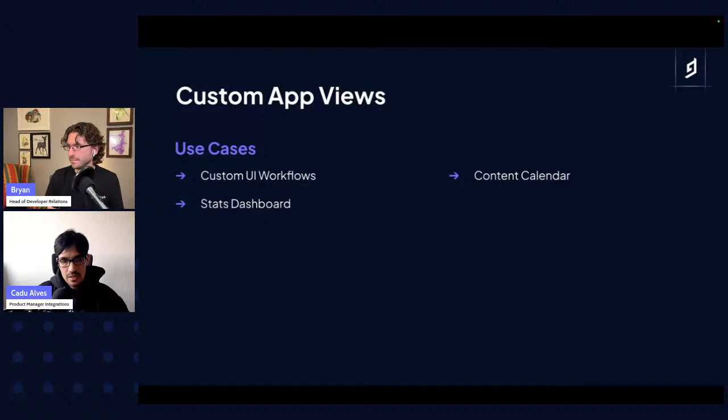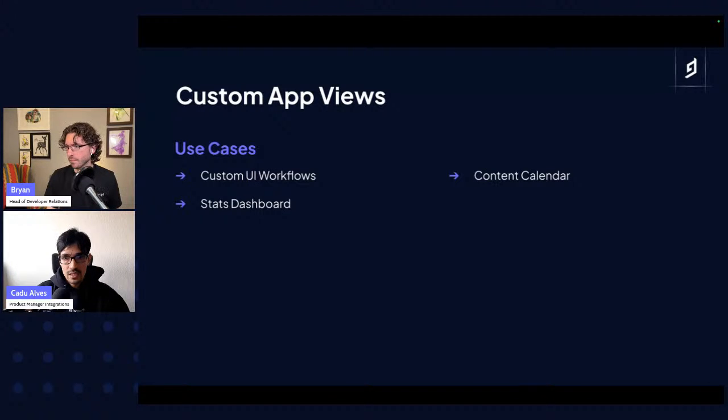After doing some research and talking to customers, and also partners, other platforms that would like to integrate with Hygraph, we realized that we needed to provide a way for them to bring their own UI or their own workflows into Hygraph. And that's why we created app views.